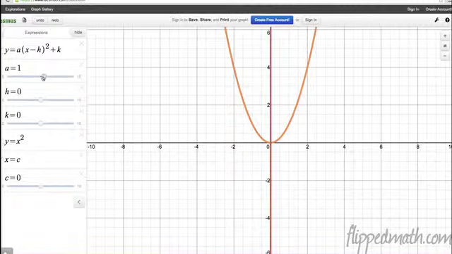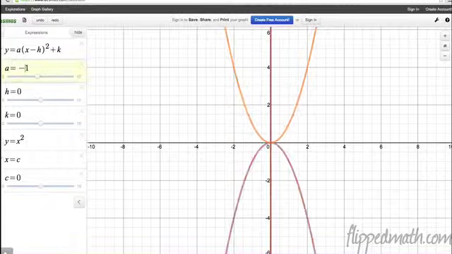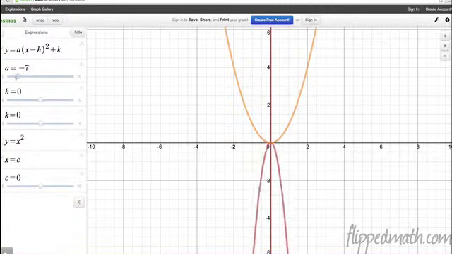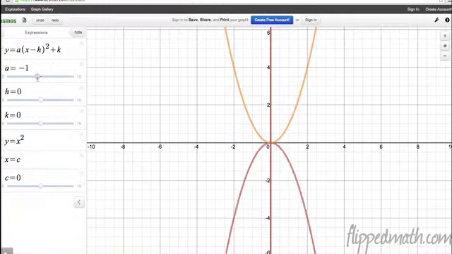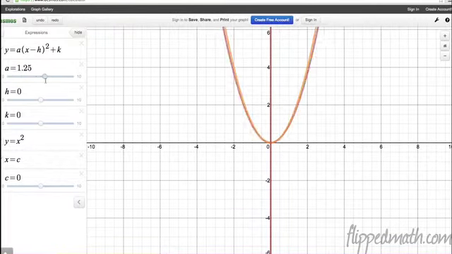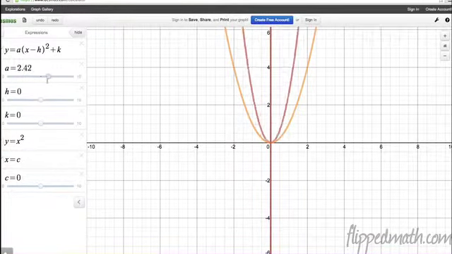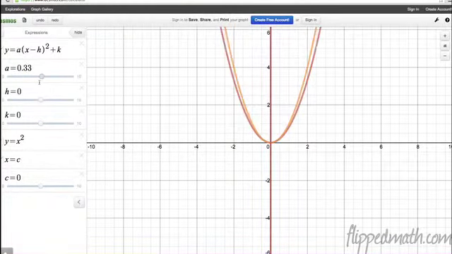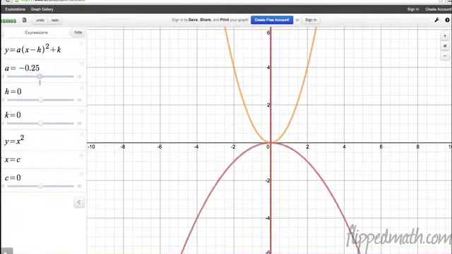Let's see, I want positive. Right now I have a positive, and it goes up, right? What happens if I make that a negative? Less than 0, it opens down. Let's see, is that true for all negative values? Yeah, it looks like all negative values are going to be upside down. Let's go positive. Positive values are going to be opening up. Negative values are going to open down.